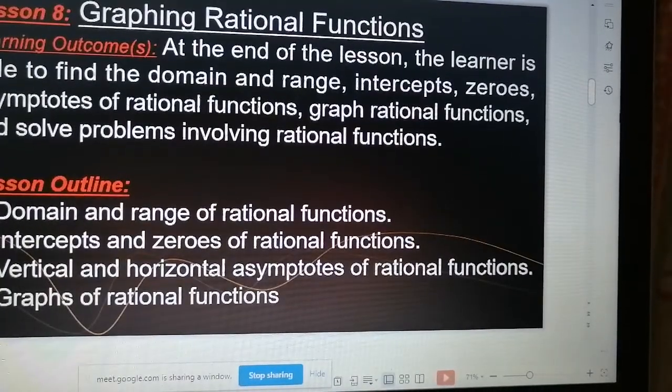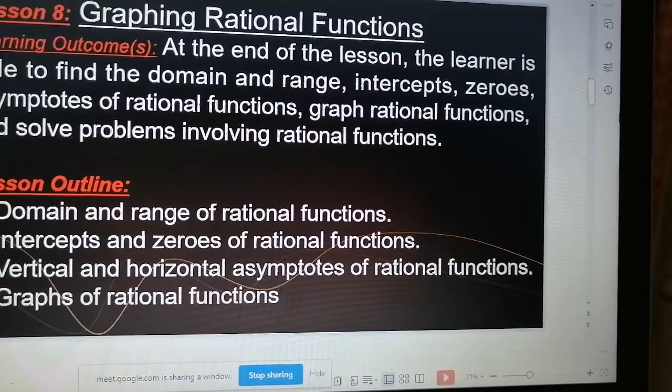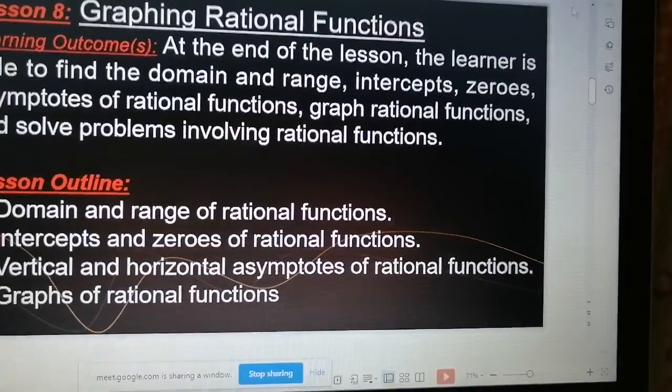Okay, graphing rational functions, lesson 8. At the end of the lesson, the learners are able to find the domain and range, intercepts, zeros, asymptotes of rational functions, graph rational functions, and solve problems involving rational functions.